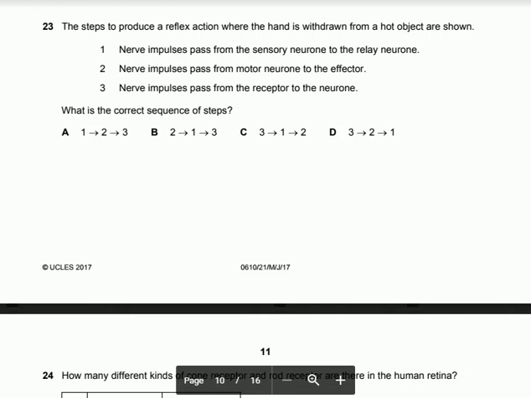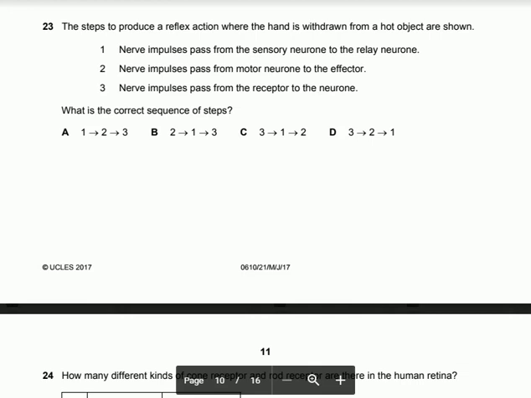I think it's 3-1-2. The receptor will go to the sensory neuron. The sensory neuron will carry impulses to the relay neuron, and the relay neuron will carry impulses to the motor neuron. The motor neuron will then carry the electrical nerve impulses to the effector cell. So it's 3-1-2. The correct answer is C.